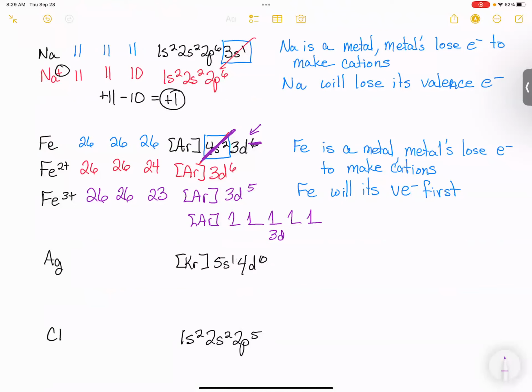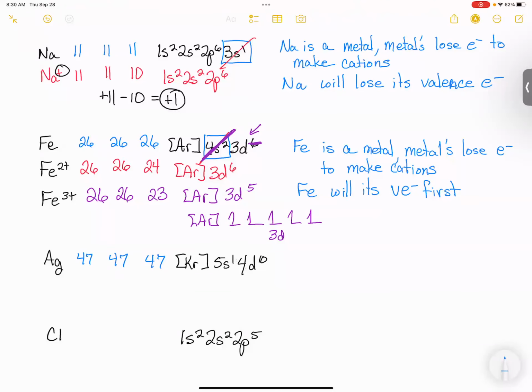I said up here, silver always formed a +1. Silver is element number 47 on the periodic table. So it has atomic number 47, it has 47 protons, and in a neutral atom, it's going to have 47 electrons.